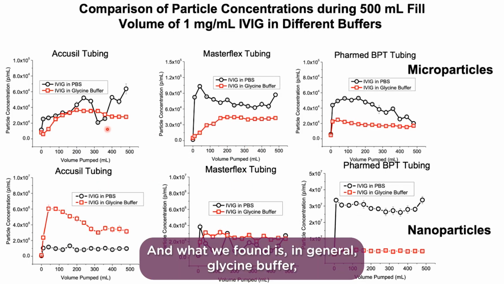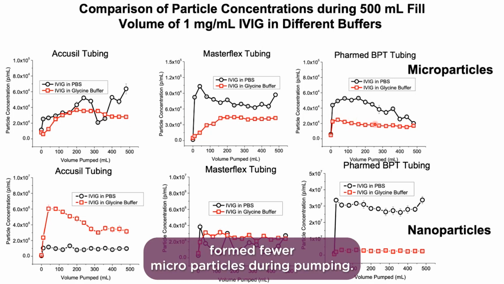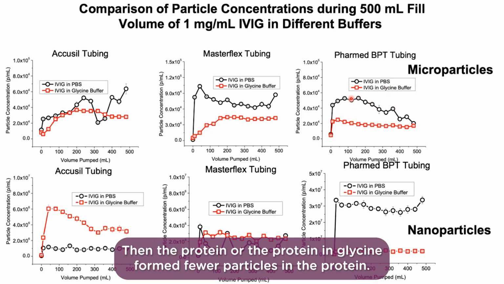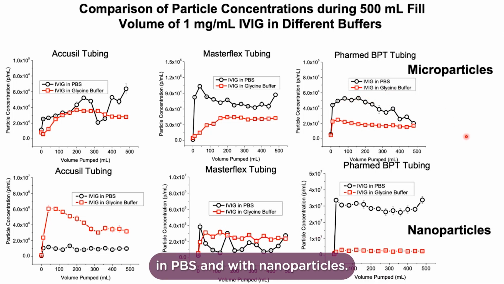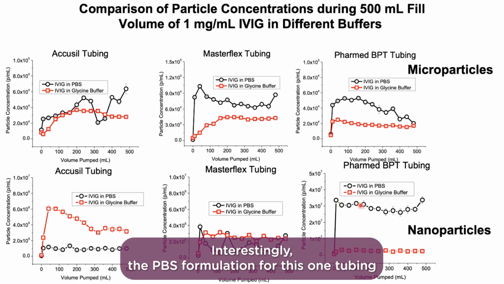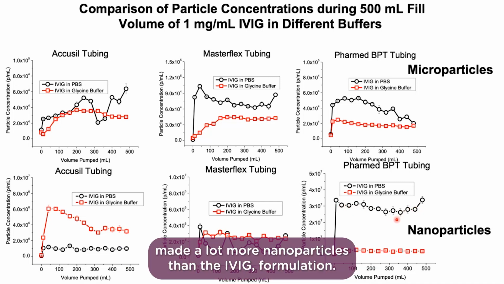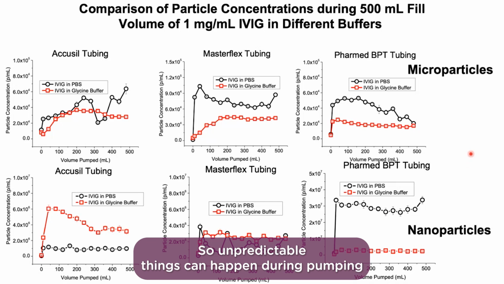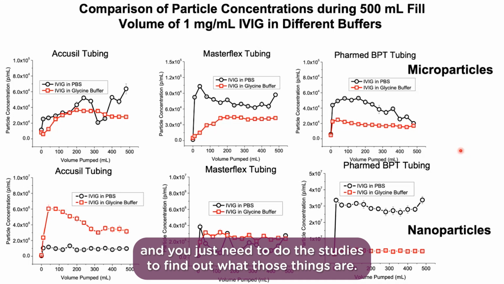And what we found is, in general, glycine buffer formed fewer microparticles during pumping than the protein in glycine, which formed fewer particles than the protein in PBS. And with nanoparticles, interestingly, the PBS formulation for this one tubing made a lot more nanoparticles than the IVIG formulation. So unpredictable things can happen during pumping, and you just need to do the studies to find out what those things are.